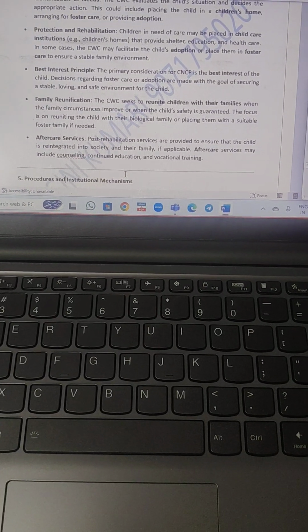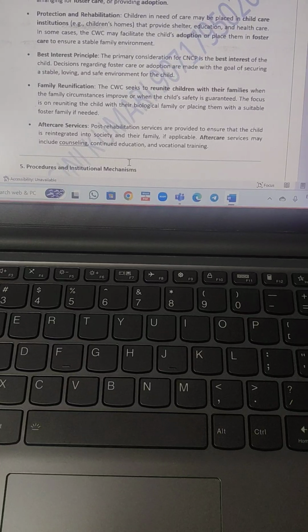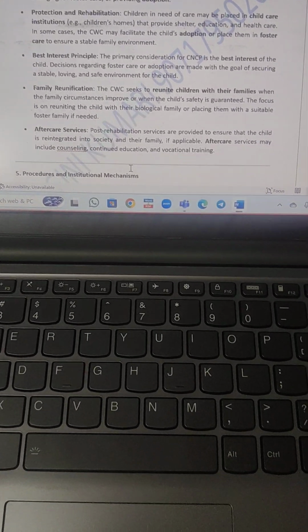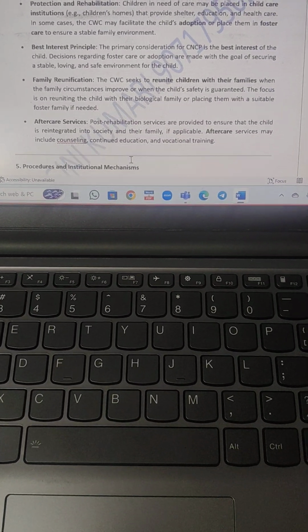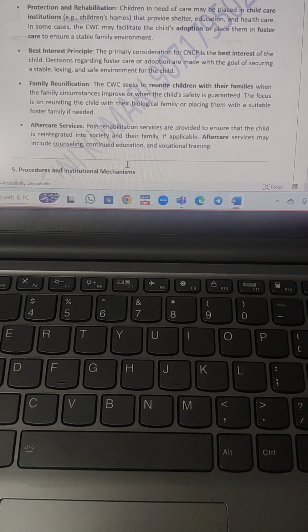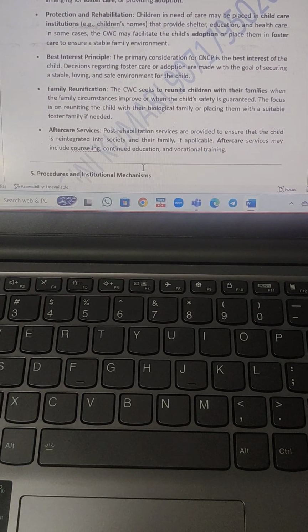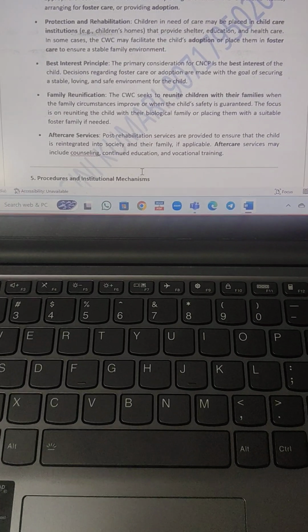The focus is on reuniting the child with their biological family or placing them in a suitable foster family if needed. Aftercare. So post rehabilitation services are also provided to ensure that the child is reintegrated into society and family. If applicable, aftercare services may include counseling, continued education and vocational training.